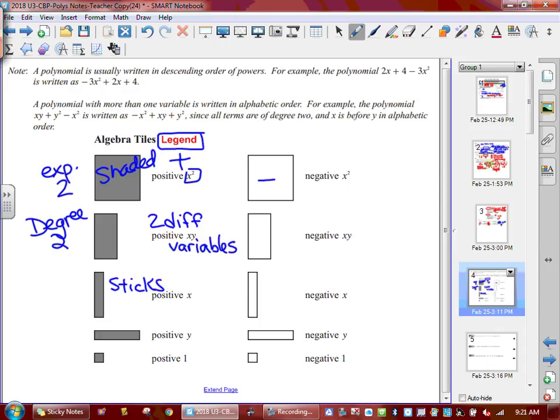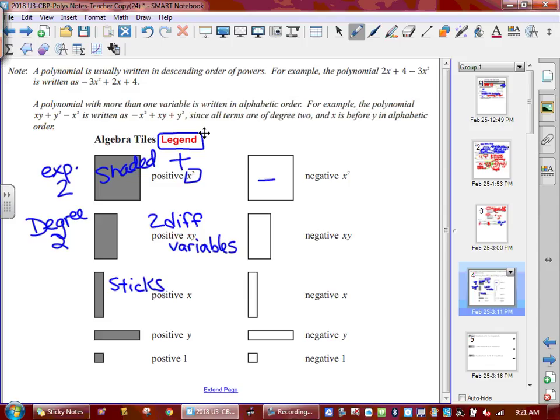So we've got squares, rectangles, sticks, and then which way are they pointing? If they're pointing up and down, it's an X. If they're pointing left and right, it's a Y. Okay? And then they're just showing us a teeny baby square. The teeny baby squares are the constants.